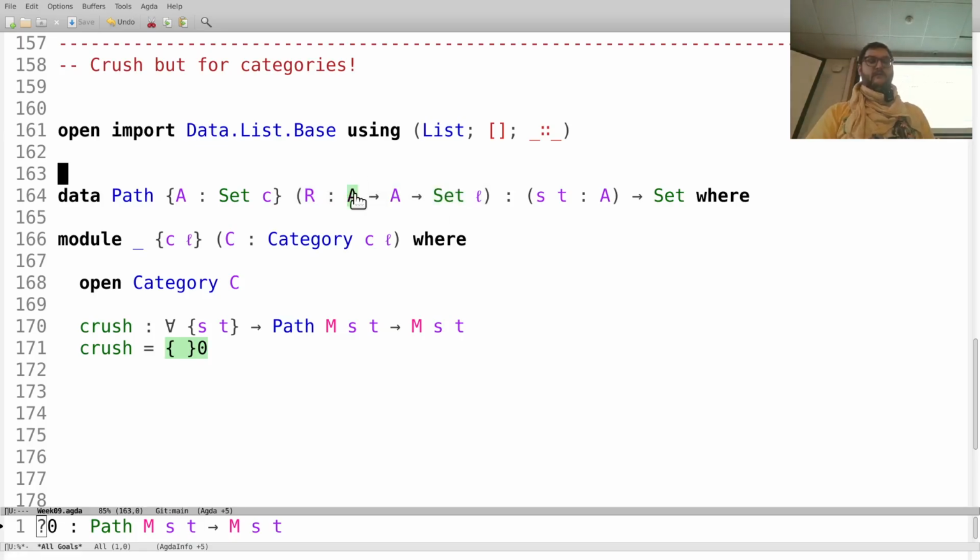You can always think of a relation as precisely describing the edges that exist between nodes of the type A. If it's possible to prove R X Y, then there is a path from X to Y. If you cannot prove it, then it's just not possible to jump.